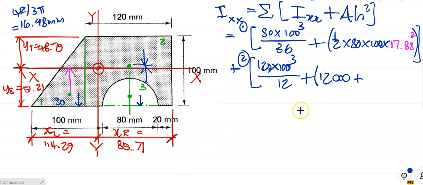It is slightly above. They're not on the same line. From there to the XX axis is 48.79, but from there to the centroid is half of that, 50 millimeters. So the difference between the two is 50 minus 48.79, which is 1.21.